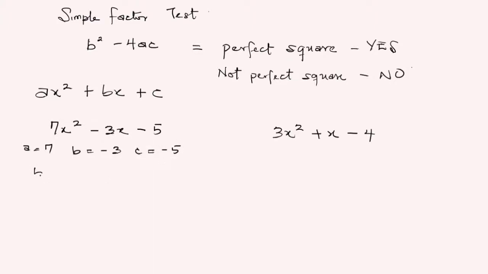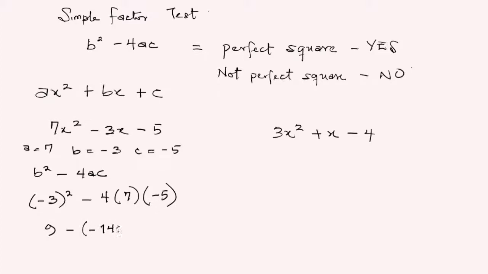So if we put that into b squared minus 4ac, what we have is b squared is minus 3 squared minus 4, a is 7, and c is minus 5. And so minus 3 squared is equal to 9, minus 4 times 7 is 28. 28 times minus 5 is equal to minus 140.